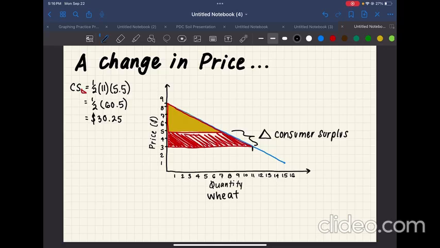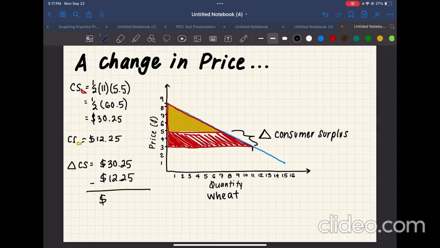And let's see what we said our consumer surplus of wheat at $5 was. We said it was $12.25. So the difference in the consumer surplus between those two prices would be 30.25 minus 12.25.